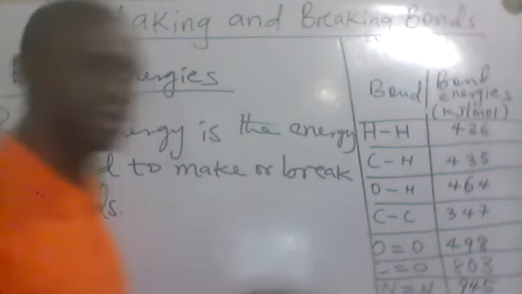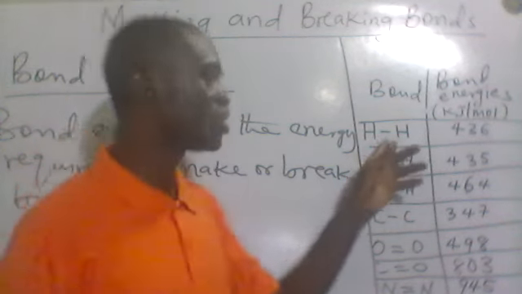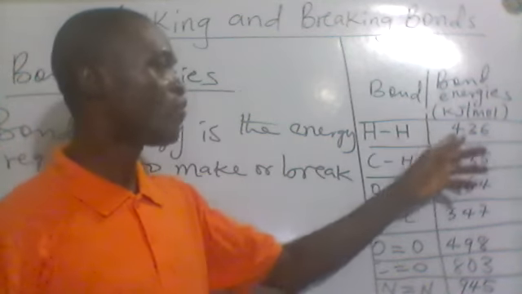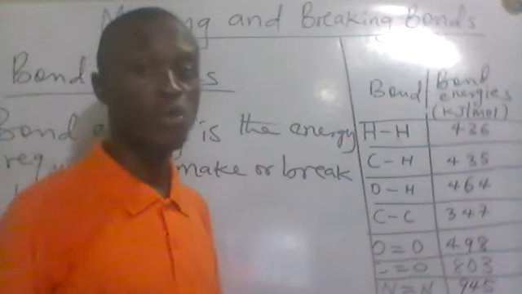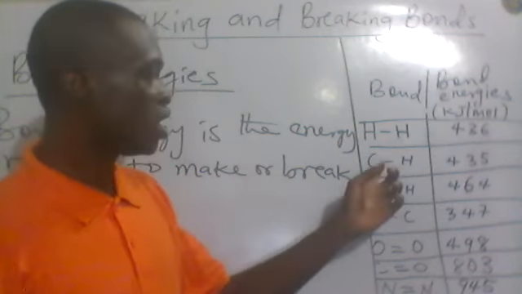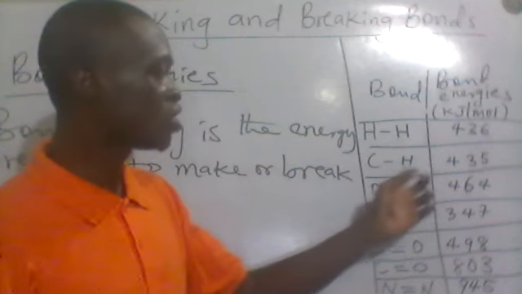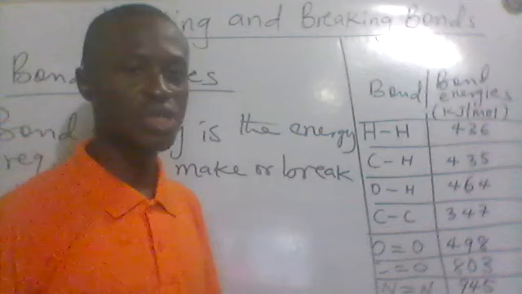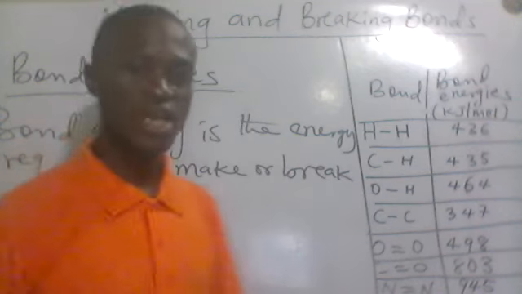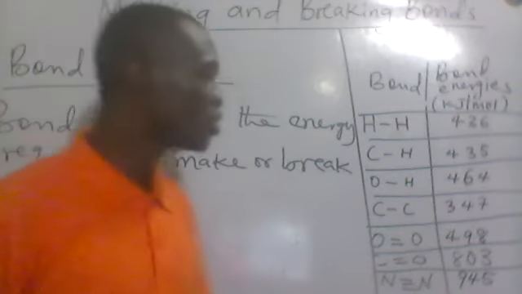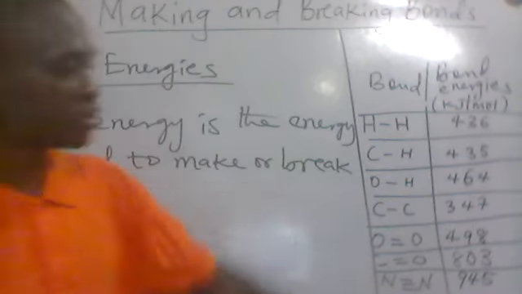If you look at hydrogen to hydrogen single bond, you need 436 kilojoule per mole in order to break the bond. And if you look at carbon to hydrogen, you require 435 kilojoule per mole to break the bond. And as well as the other bonds as shown on the board, you can see their values.